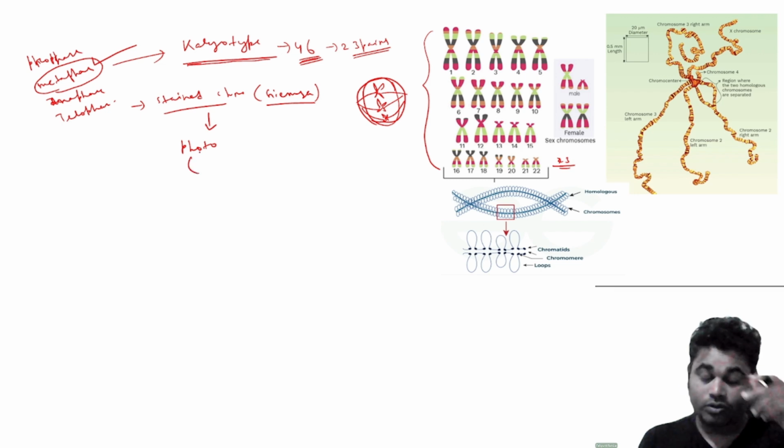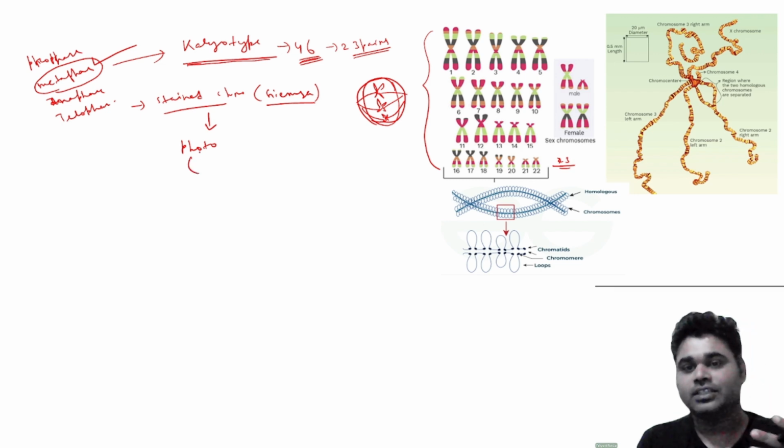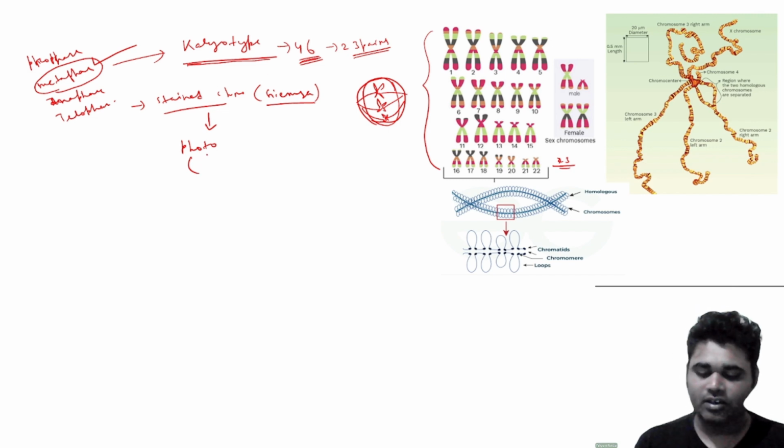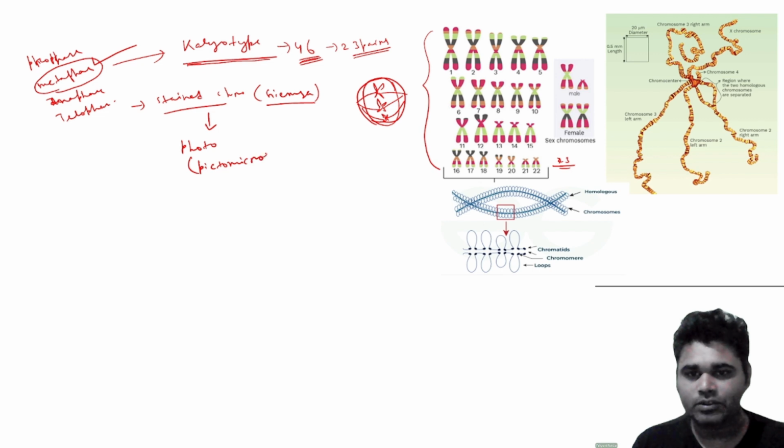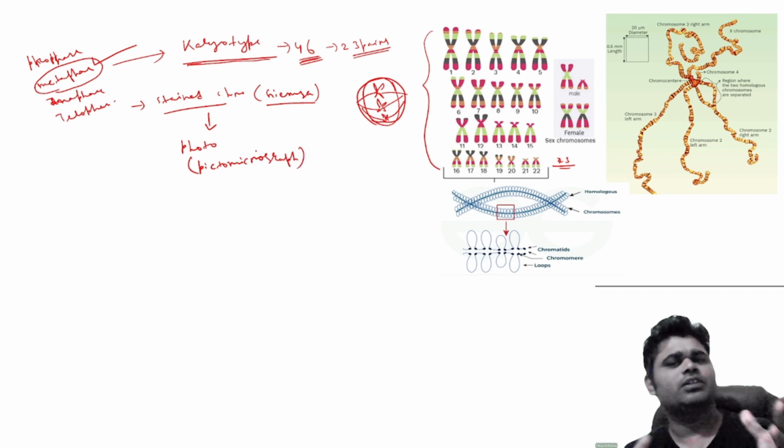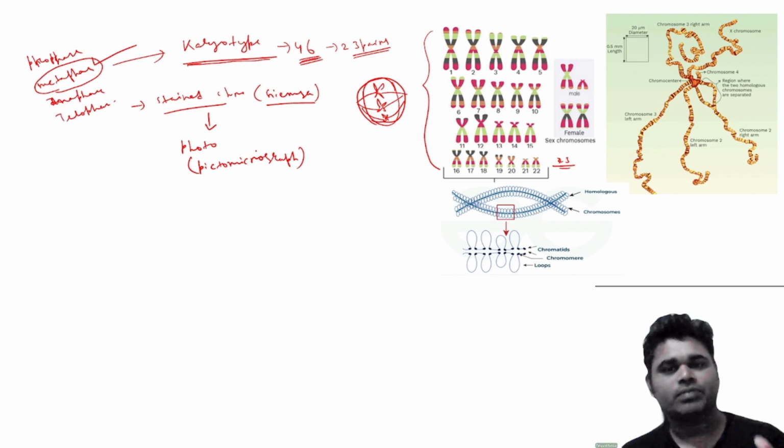This procedure of taking the photo during the metaphase with the Giemsa stain is called the photomicrograph. Simply, the photograph of the chromosomes during the metaphase is called the photomicrograph.